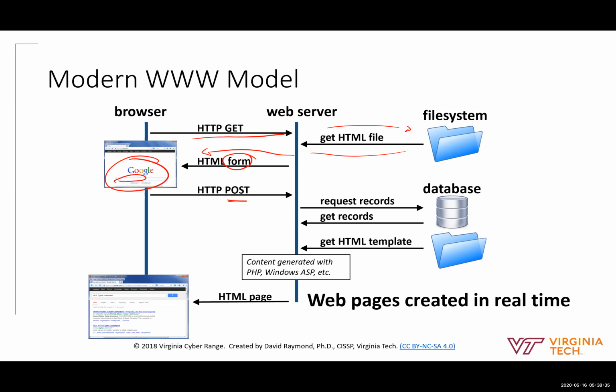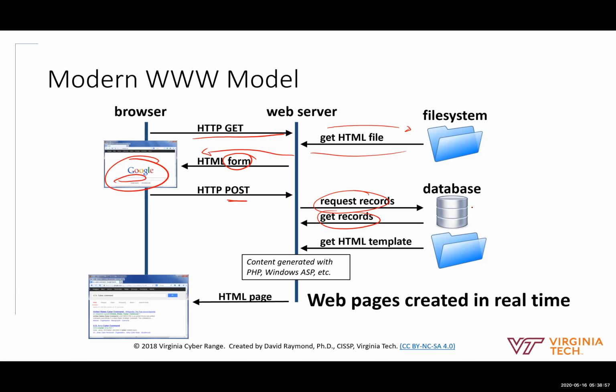And now the interesting thing here is the server is not simply grabbing files out of a file system and sending them back to me. Now it's actually taking action on my behalf. It's manipulating data in a database, right? So it might request records out of a database and then respond with the contents of portions of the database.